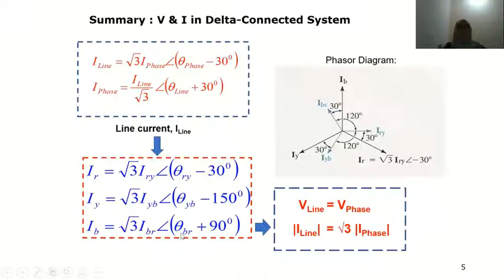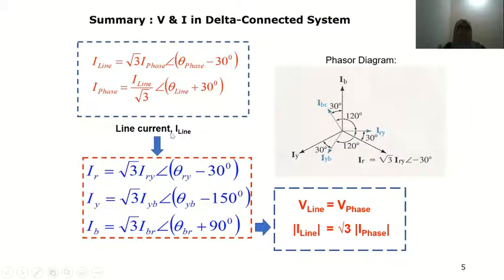So the summary for your voltage and current in delta connection system: your I line is equivalent to square root 3 I phase and the angle is theta phase minus 30 degree. And the I phase is the I line divided by square root 3 and the theta is theta line plus 30 degree.